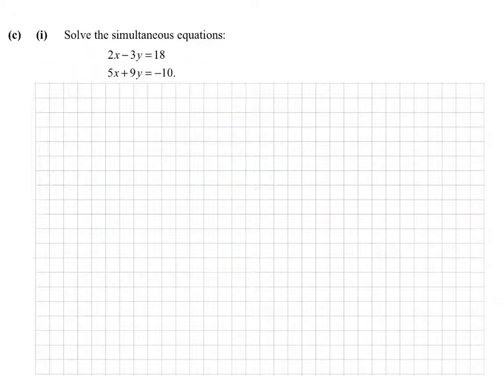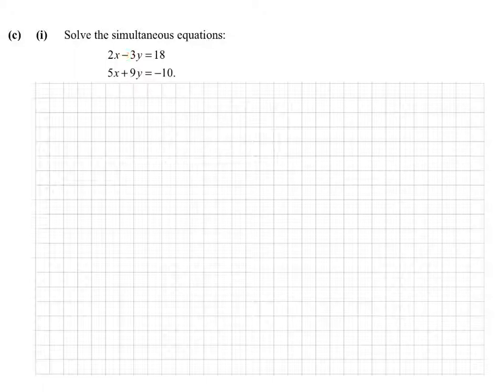Moving on, we have a question which is simultaneous equations. It's reasonably straightforward. We have linear simultaneous equations. There are a variety of ways you can approach this, but looking at this, I either want the x's to be the same number but opposite signs, which neither of them are, or the y's to be the same number with opposite signs.